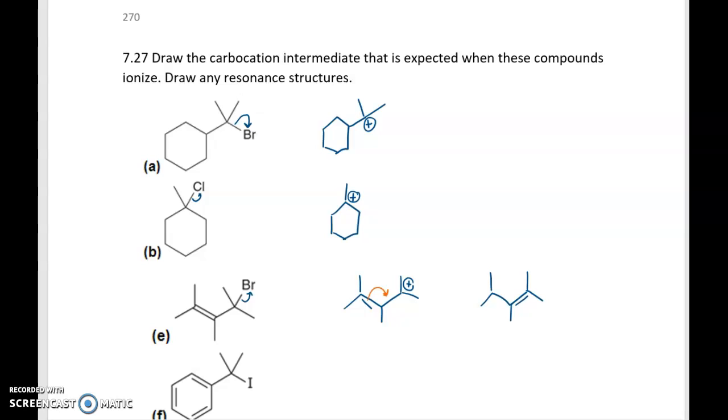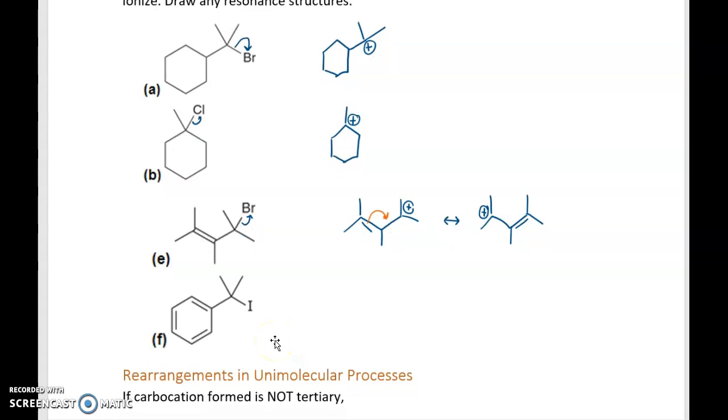Double bond, new double bond here, and this will be a carbocation. These are resonance structures, not a reaction mechanism. So let's see what happens with F.